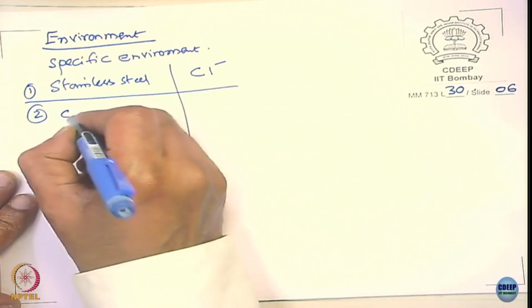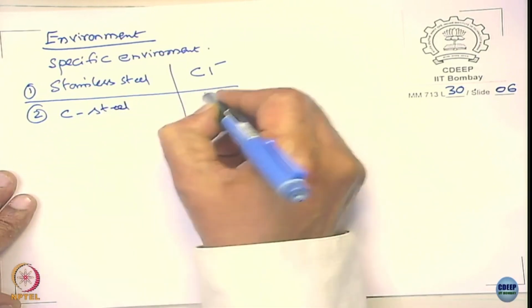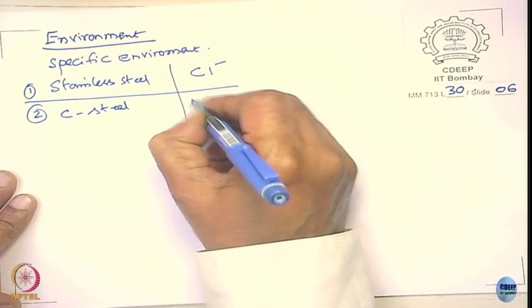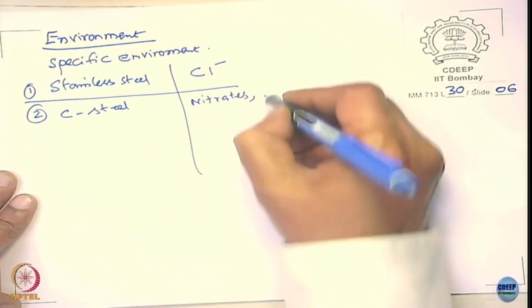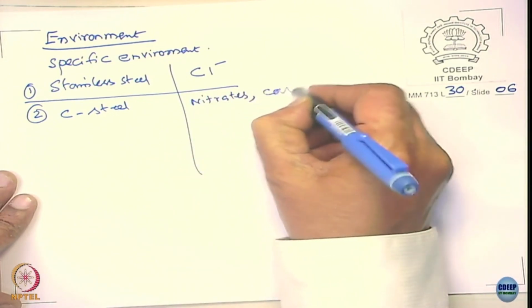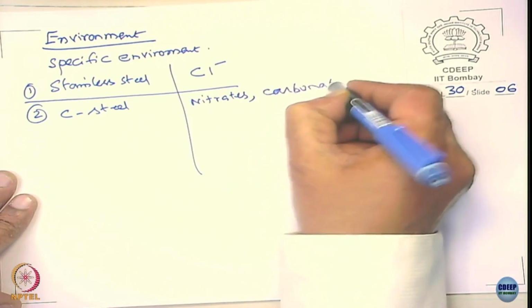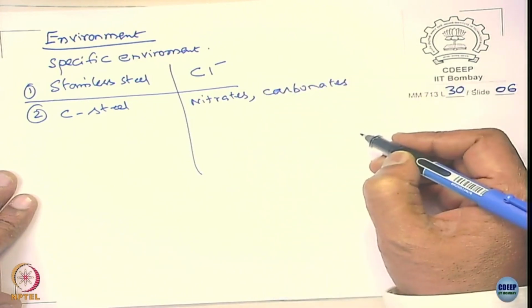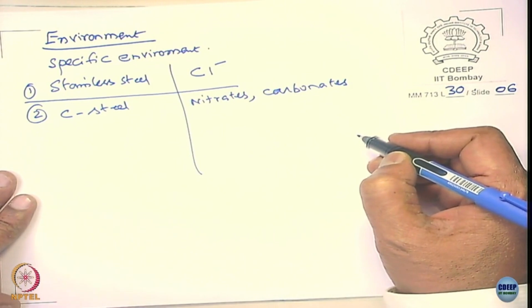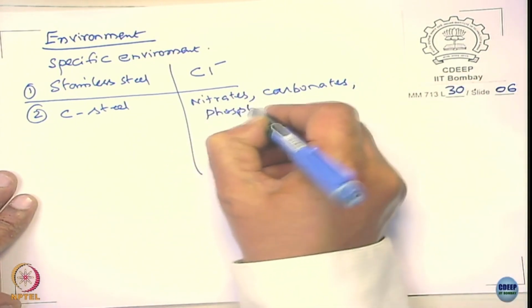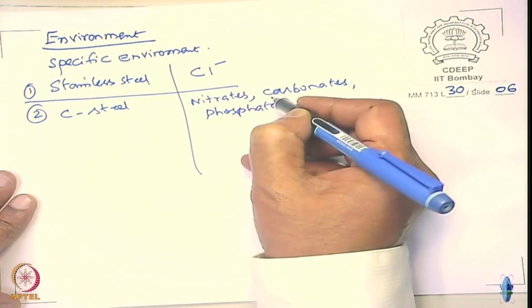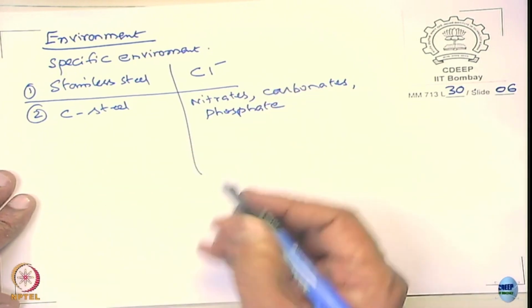In carbon steel, it could be nitrates, carbonates, and even phosphates. So what I am giving is just illustration, not an exhaustive list.